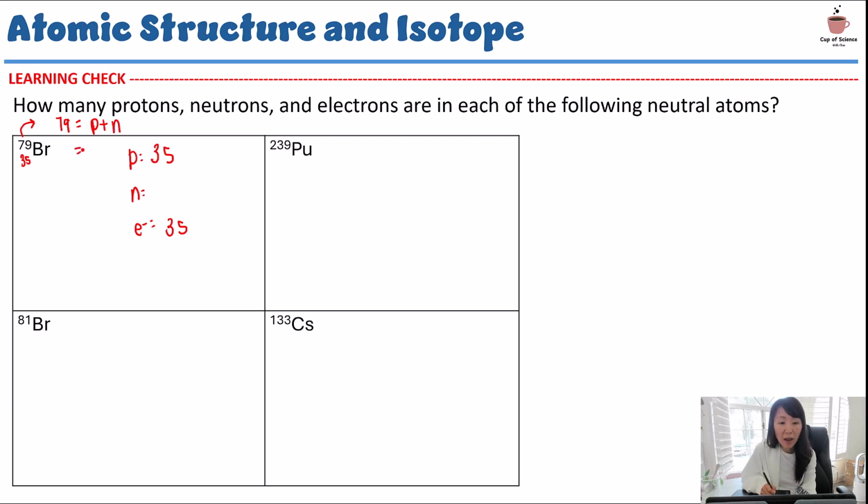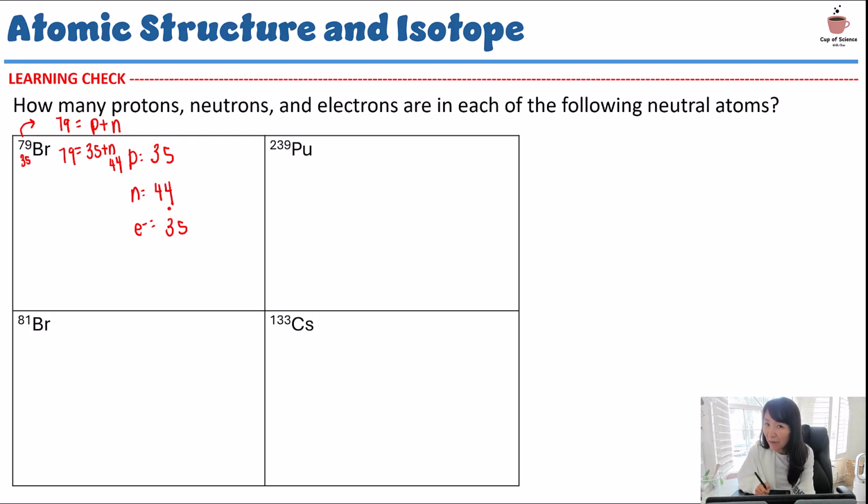Right now I have 35 as my protons. So what is my number of neutrons? You're going to go ahead and subtract the two: 79 minus 35, which would be 44. So this is 44.